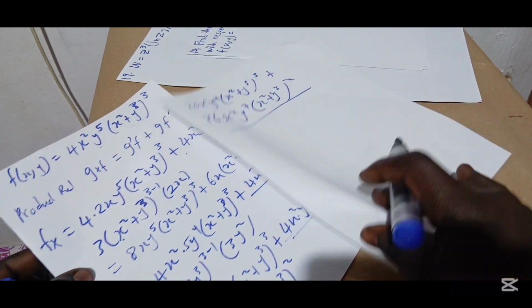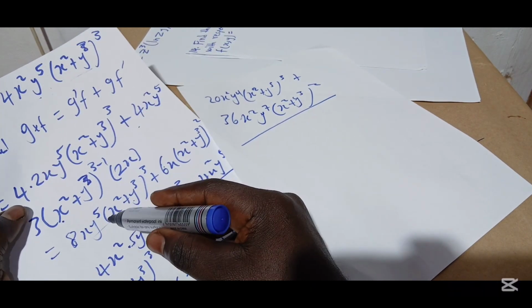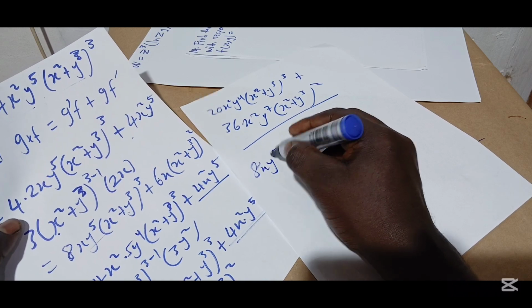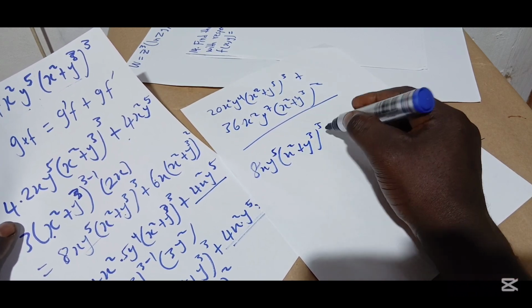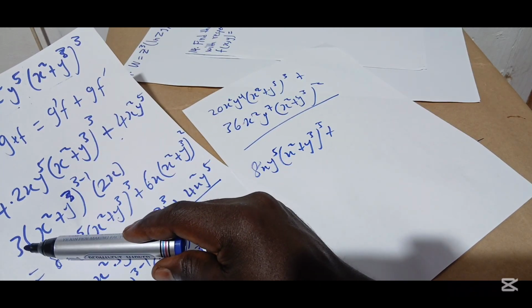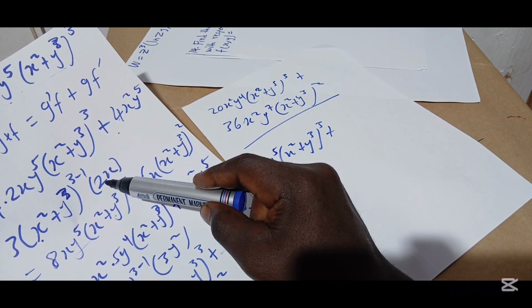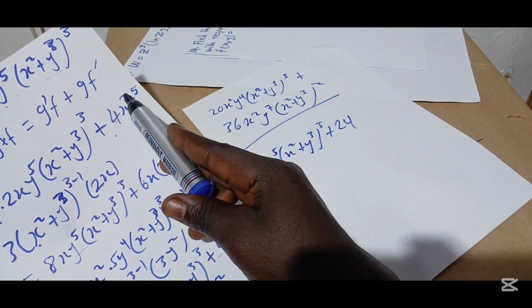So if we are to further simplify this, we know for this term it's okay. So we have 8x y to the power 5 into bracket x squared plus y cubed to the power 3, plus, in this case, we have 4 by 3 by 2. 4 by 3 gives us 12, and 12 by 2 gives us 24. So now let's look at the variable terms.